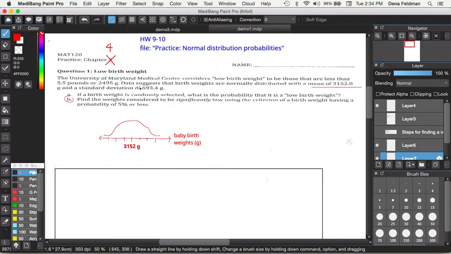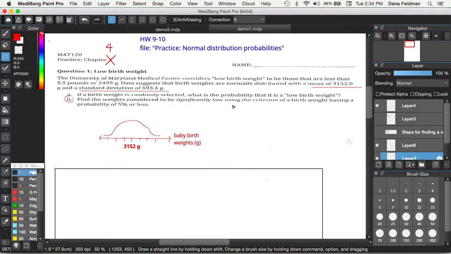This data suggests that birth weights are normally distributed with a mean of 3,152 grams and a standard deviation, also given like this, 693.4 grams.